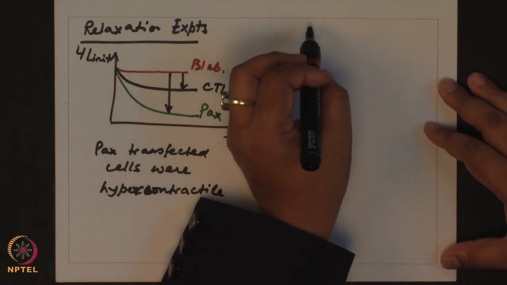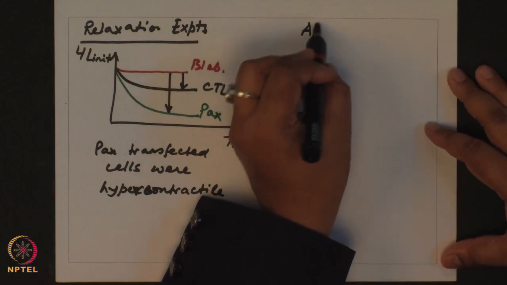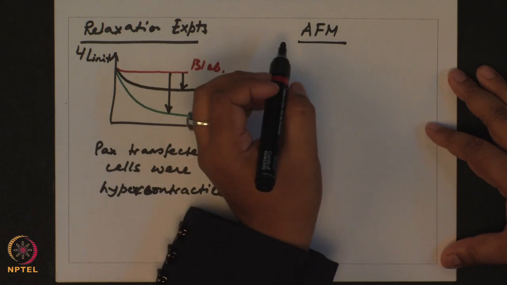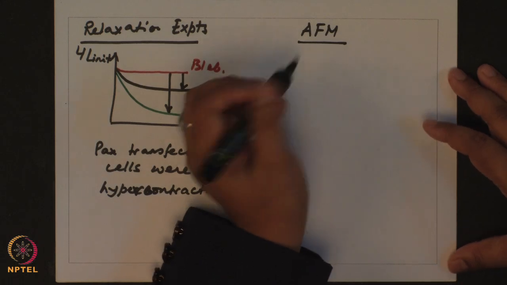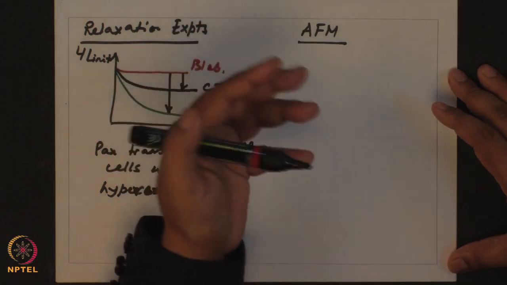And this can also be indirectly estimated using atomic force microscopy. So, later in the course you will have a detailed discussion of how we can use AFM for probing mechanical properties of cells.